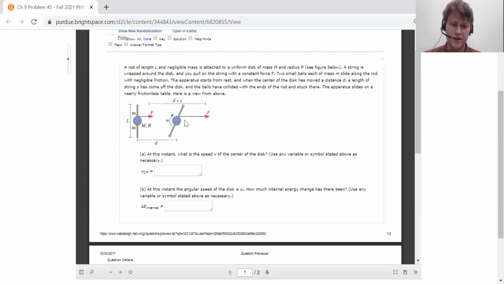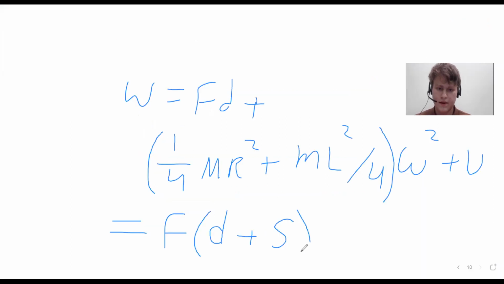So yes, the total work done on the system would then be F times D plus S. Let's see if I can get back to my whiteboard here. And so you might be noticing that we can just cancel out the F times D on both sides. And then we're just left with F times S is equal to this second line right here.